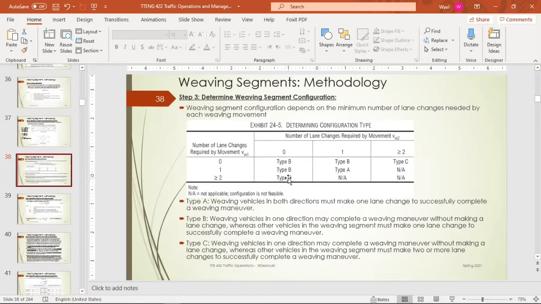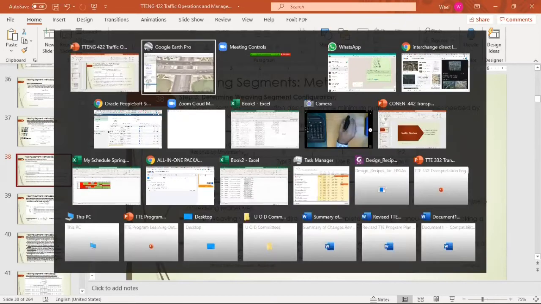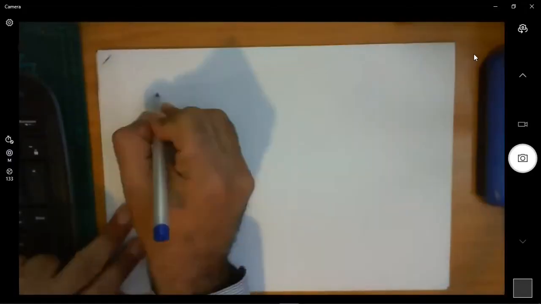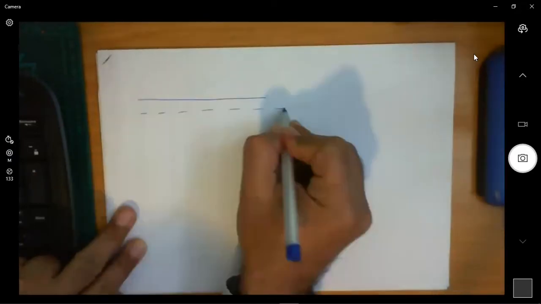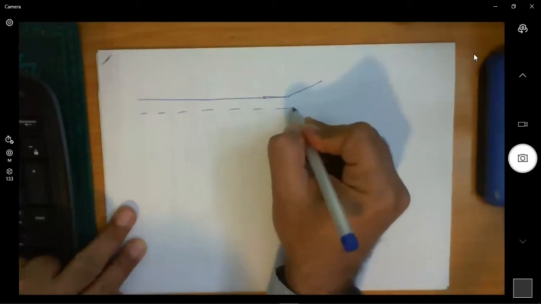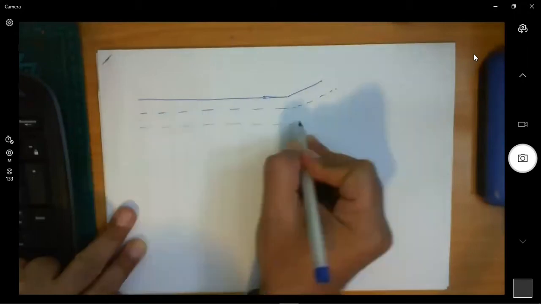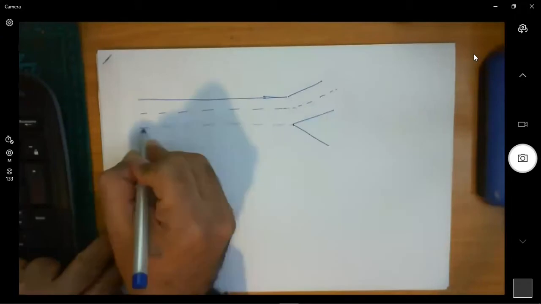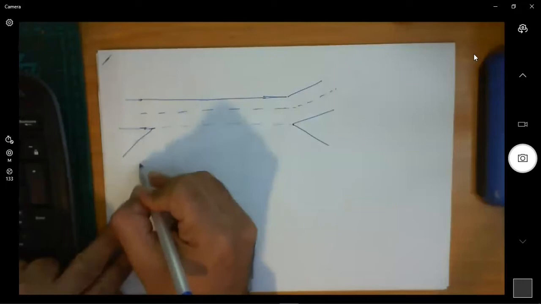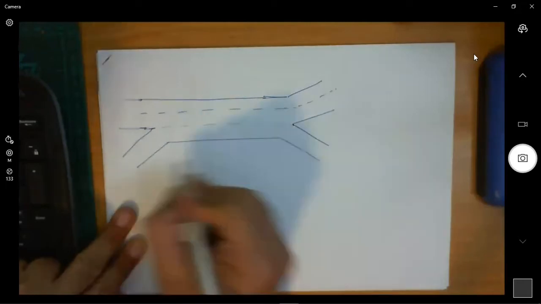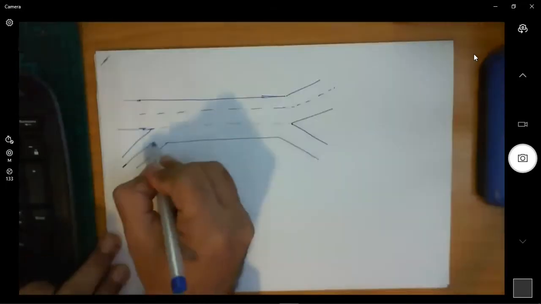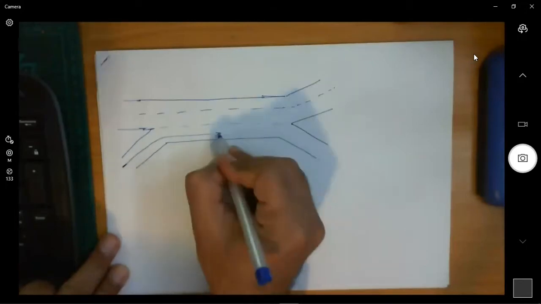To give you an example and to explain it better, let me share this with you. Hold a second, just bear with me. Here, what we are saying: if we have a ramp like this one, if someone is driving on this lane, in order to weave and change, he must go this way.